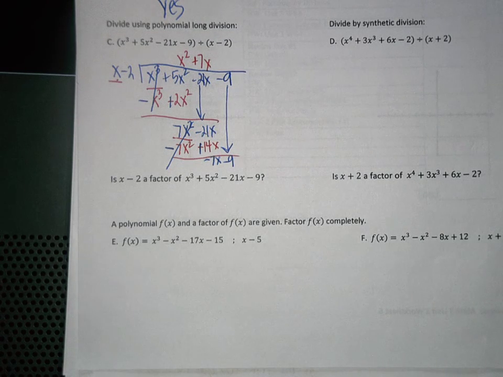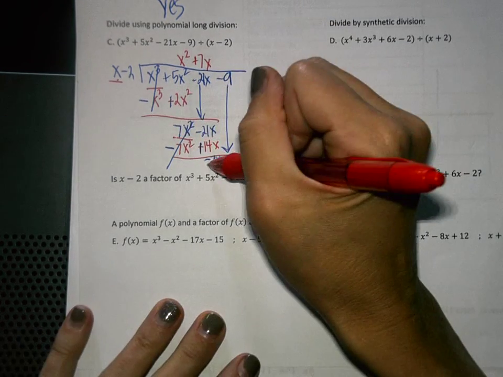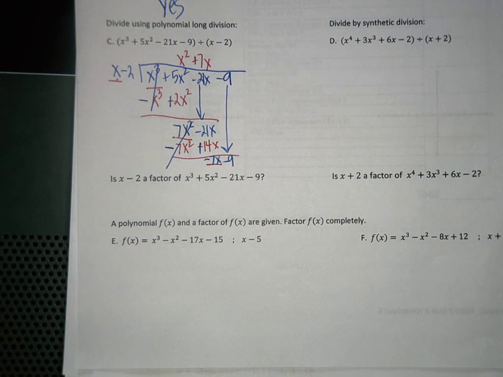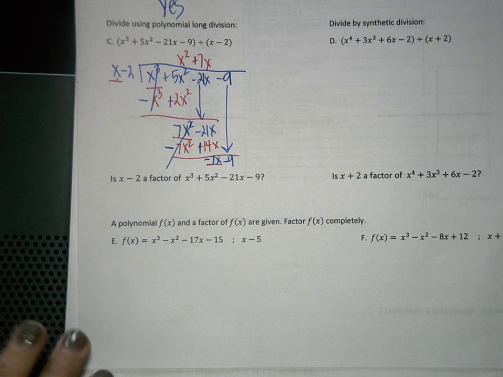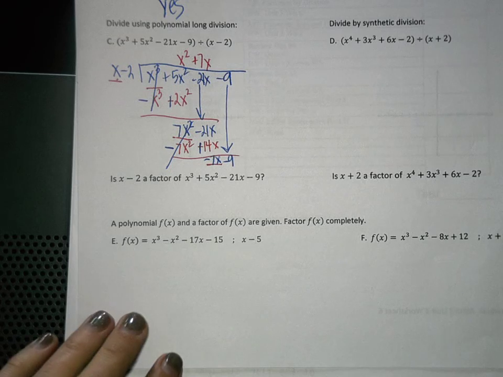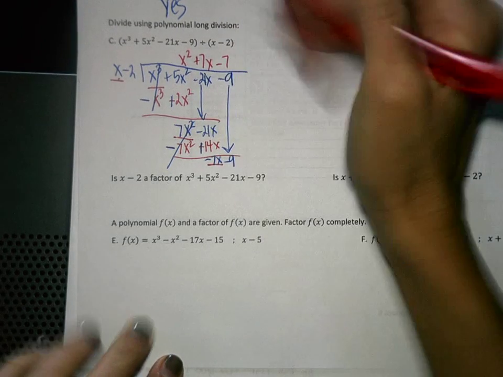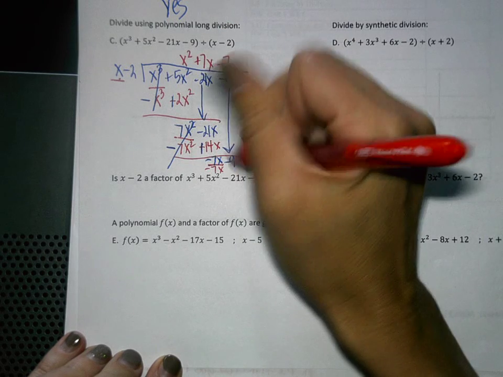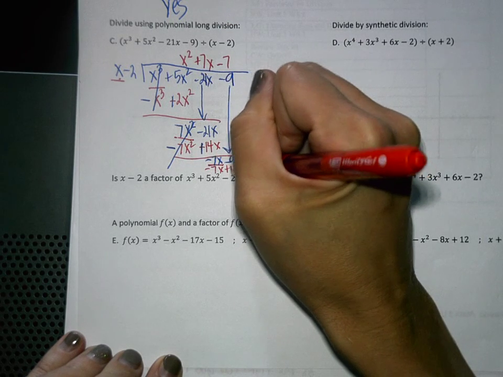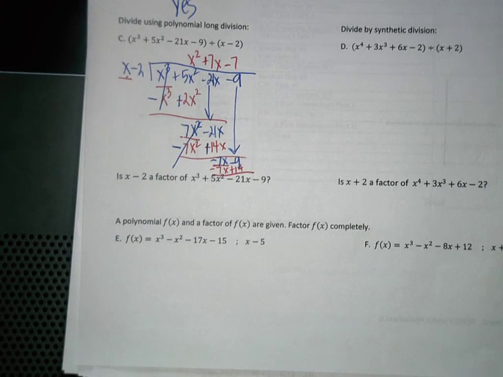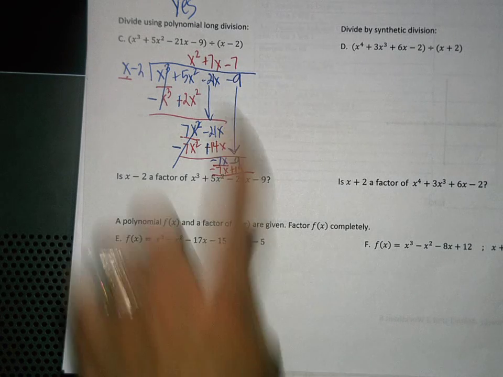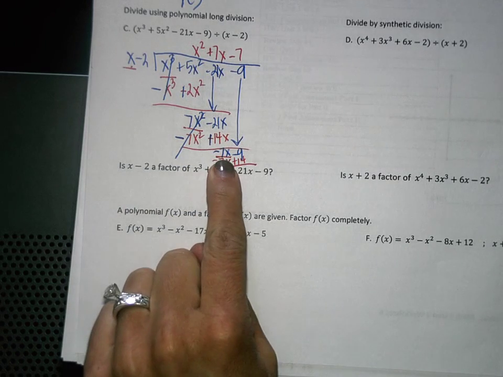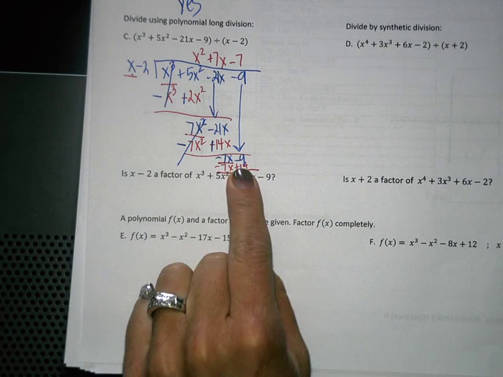Okay, so now we're looking at x and negative 7x. So x times what would make negative 7x? Negative 7. We multiply negative 7 times x is negative 7x. Negative 7 times negative 2 makes a positive 14. But then I need to do what? Okay, were you okay with getting a negative 7x here? And then all I did was bring down the next number, which is negative 9.